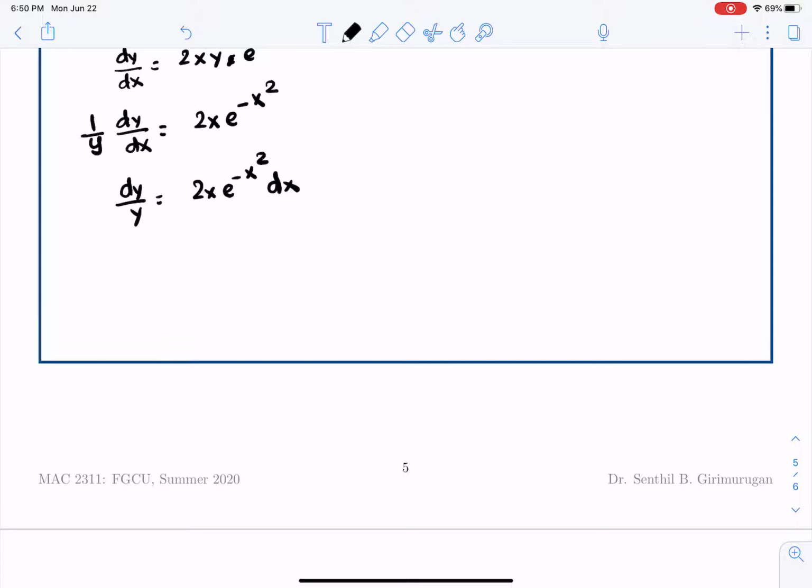So we integrate on both sides. The right hand side, you can integrate it using substitution.